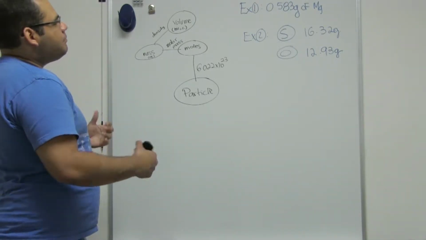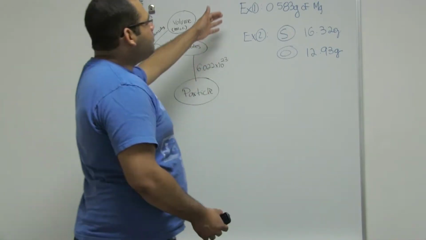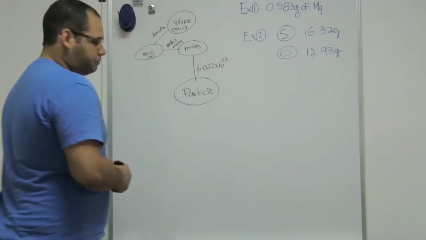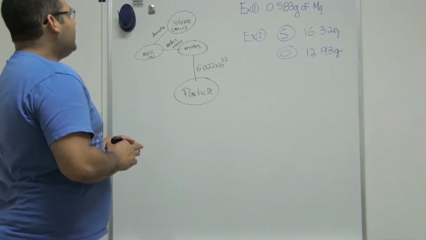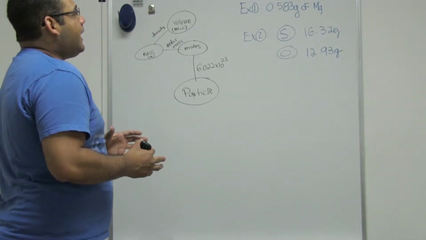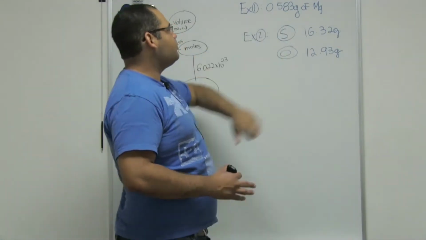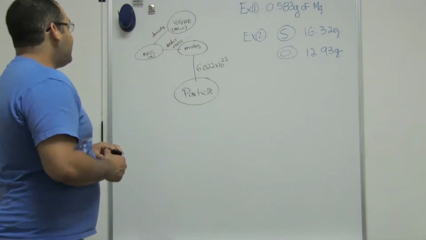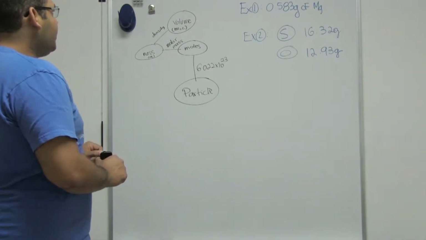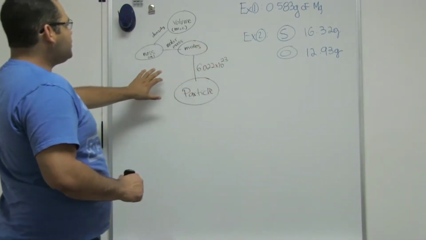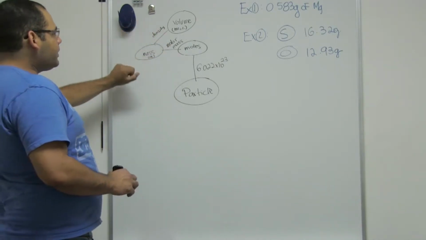For example 1, I have 0.5H3 grams of magnesium, and the question is how many atoms we have in this specific amount of grams. Well, in order to calculate this, we need to understand how our molar map works.